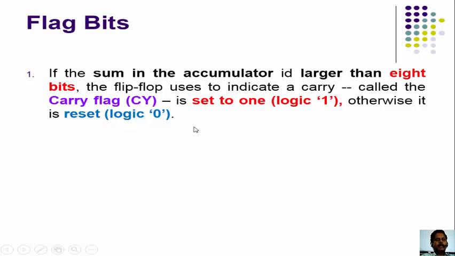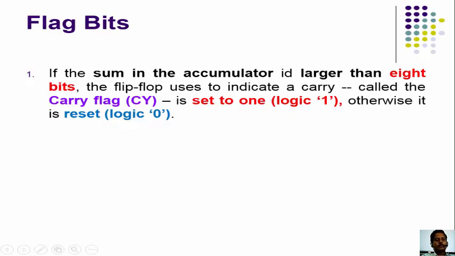If the sum in the accumulator is larger than 8 bit, the flip-flop used to indicate carry is called the carry flag bit, which is set to 1. Otherwise it is reset.